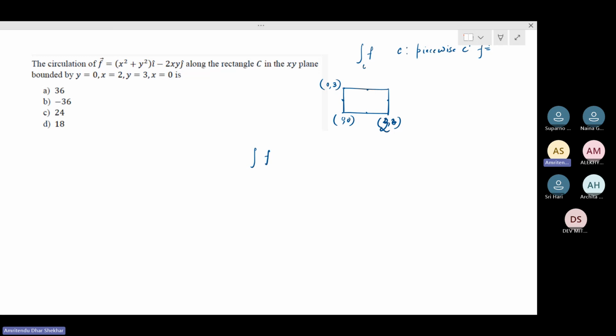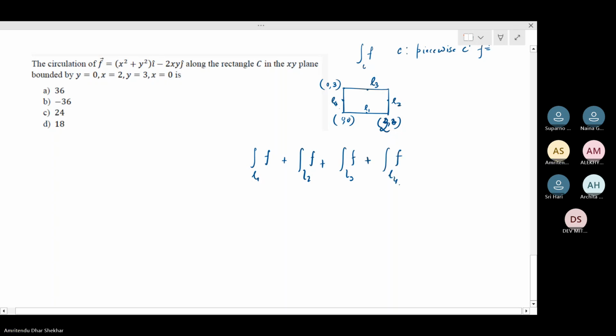If I call these L1, L2, L3, and L4, then it is the integral over L1 plus integral over L2 plus integral over L3 and then integral over L4.